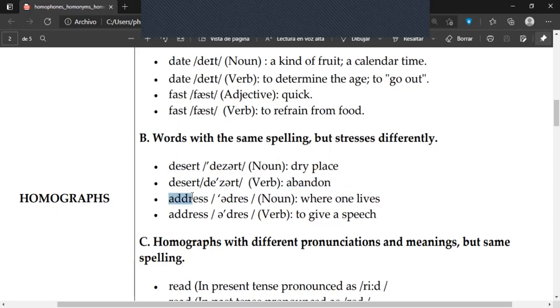Also, we have the word address, address, address, and address. Address is the place where you live, and address is when you give a speech. For example, every time that I teach you, I'm addressing you.